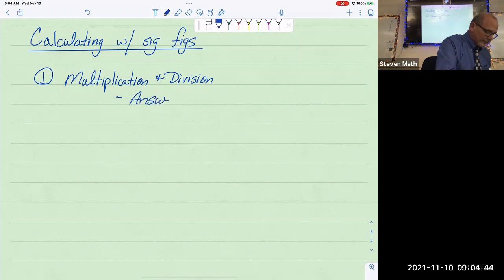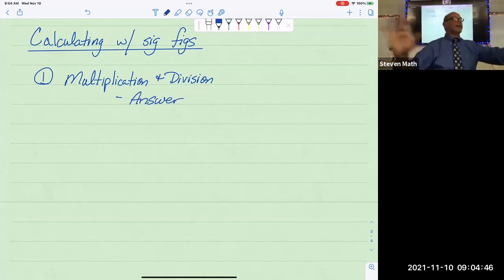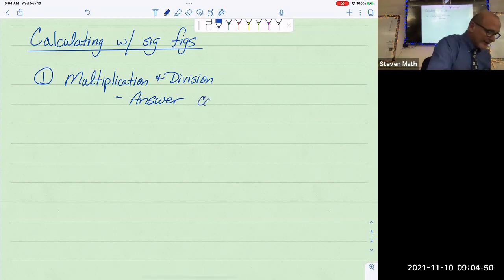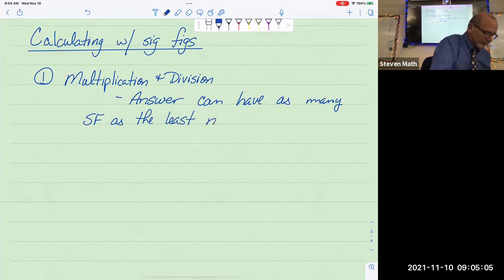Your answer can have as many sig figs as the least number used in the problem.